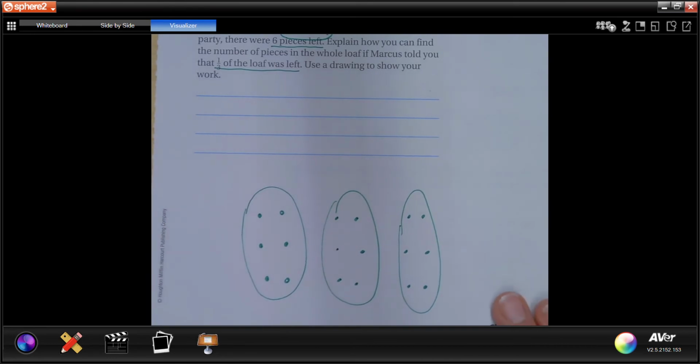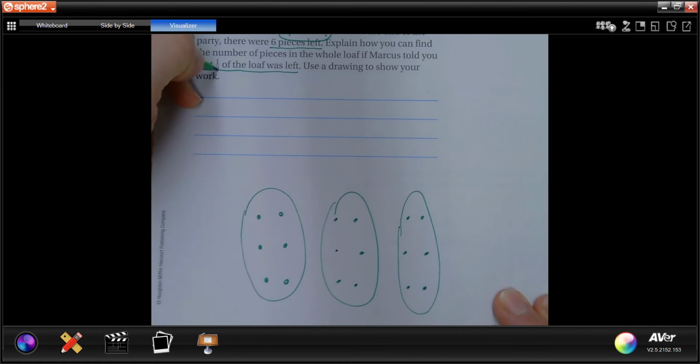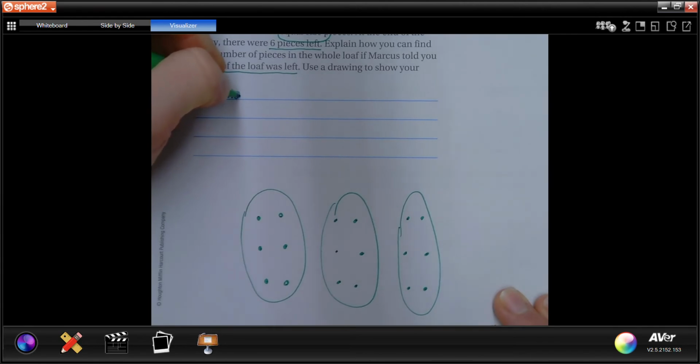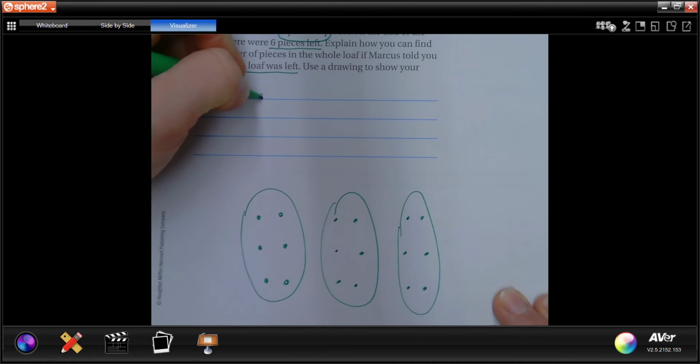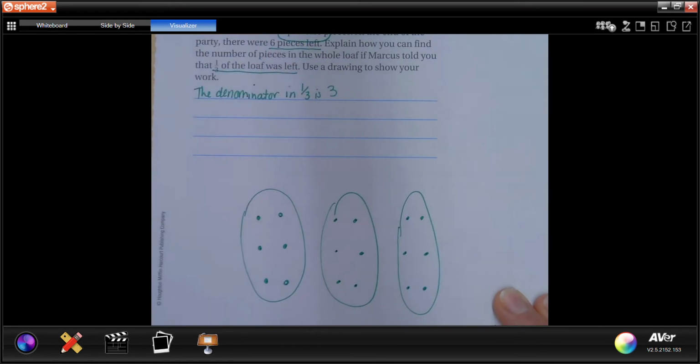So we know that the denominator is what? The denominator in 1/3 is 3, right?